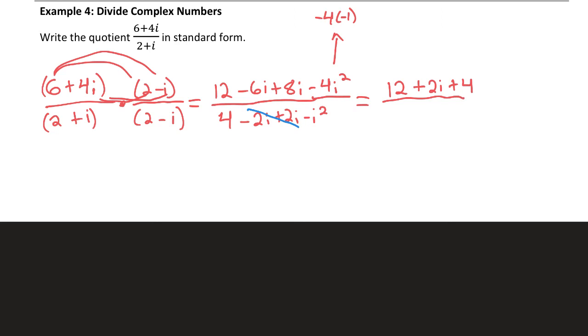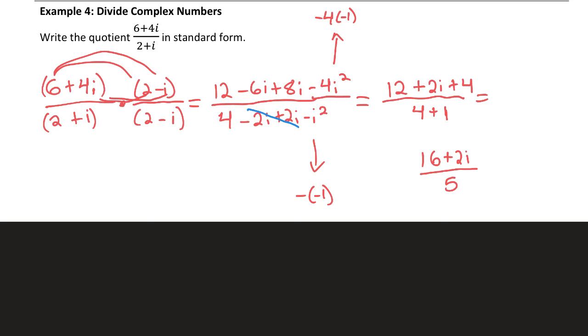On the bottom, this becomes 4 plus 1, because i squared is negative 1. So that becomes positive 1. So if we're finishing simplifying the top, I'm going to combine the real numbers, 12 and 4, to get 16 plus 2i over 5.